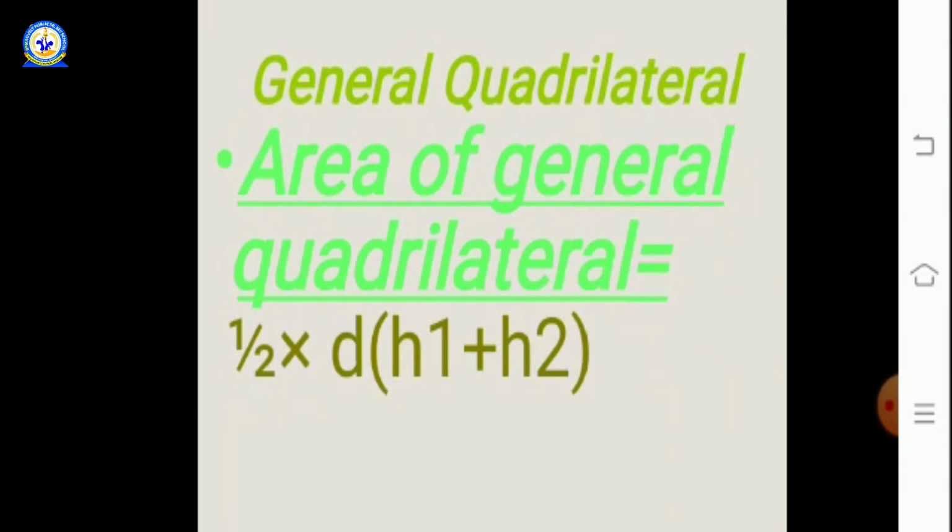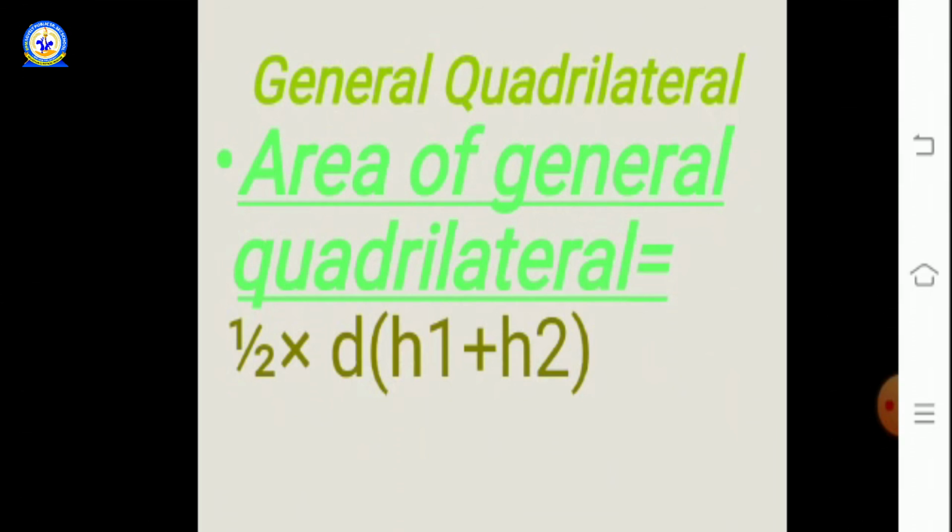General quadrilateral. Area of general quadrilateral is equals to half into D into H1 plus H2. D is the diagonal and H1 is the height and H2 is the height. When we have to find the area of general quadrilateral, we can draw one diagonal in a quadrilateral.